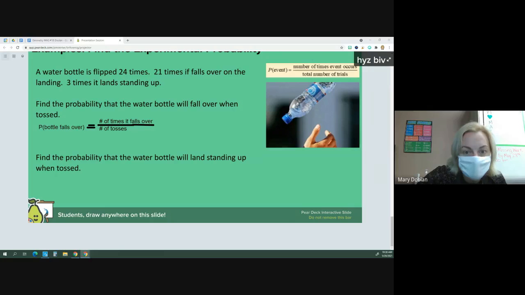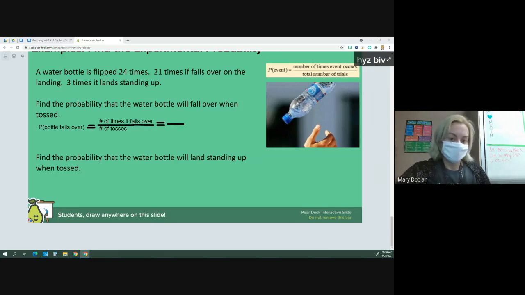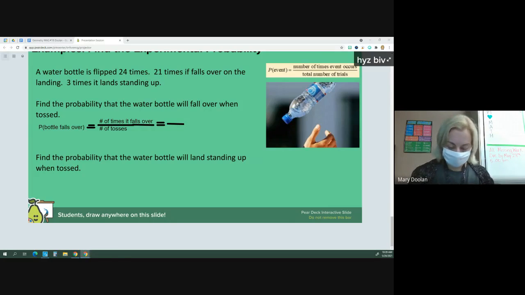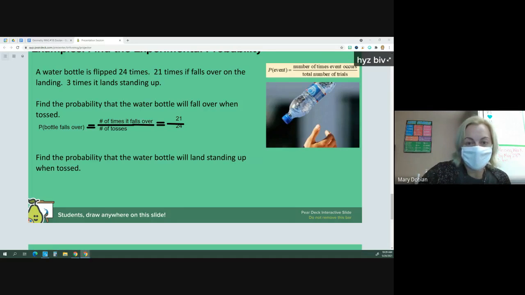And then you're just filling in those parts of the fraction with the actual numbers from the experiment. So 21 over 24. The other ones we've been looking at, we weren't able to simplify this fraction. 21 over 24 is simplifiable because there's a GCF of 3.